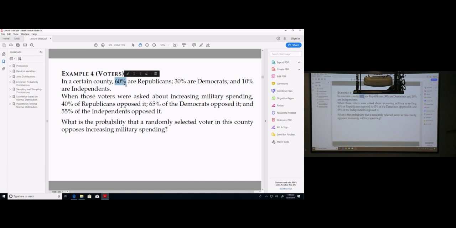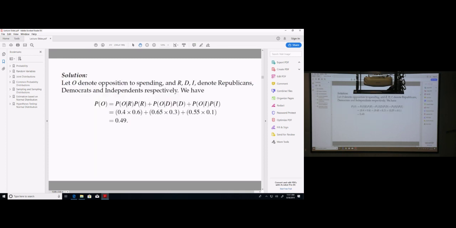So these are things that we always do, but we just formulate it in terms of the Bayes formula. So if you think about it, this is nice. I let O denote opposing the increased military spending. But of course, we try to avoid O, especially when we are writing it. Sometimes you can't tell whether it's an O or a 0.